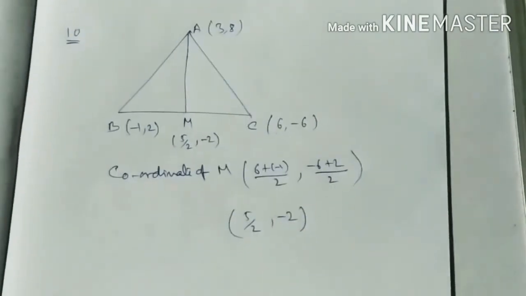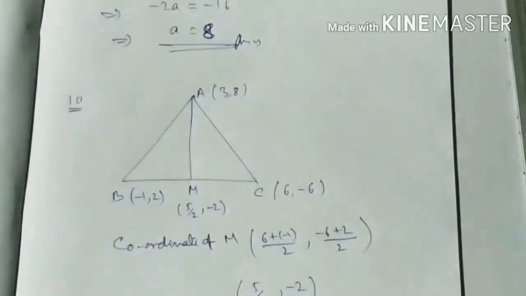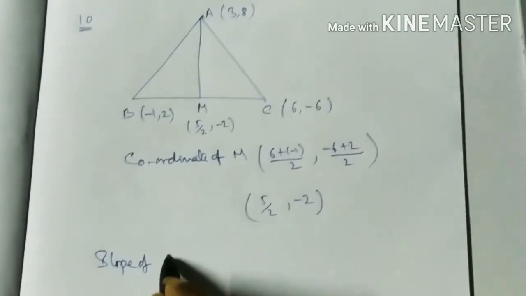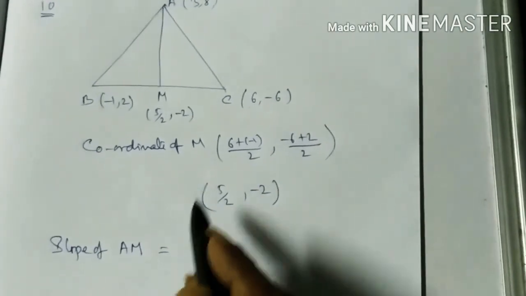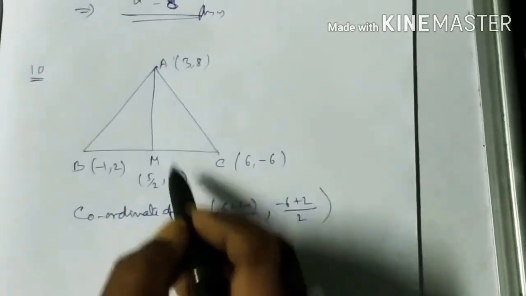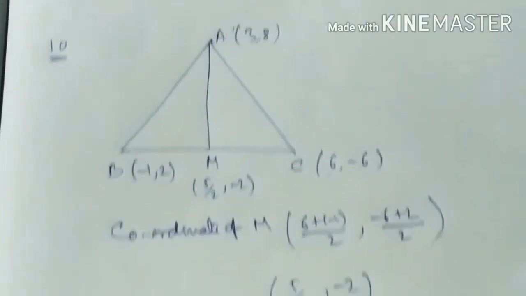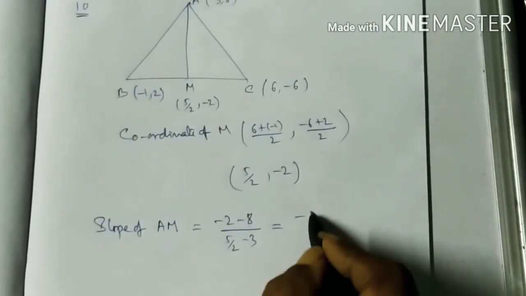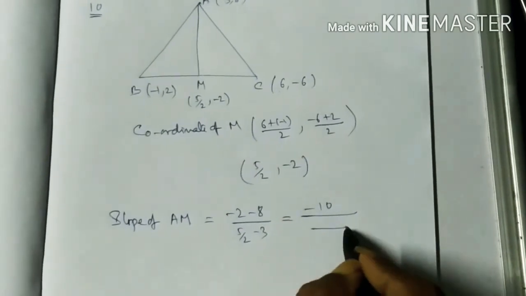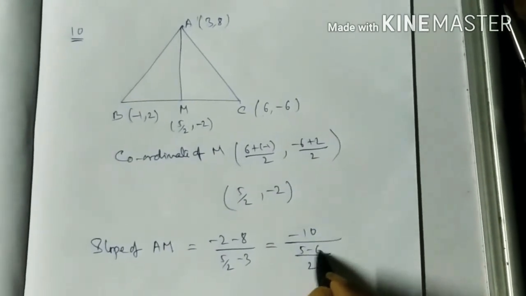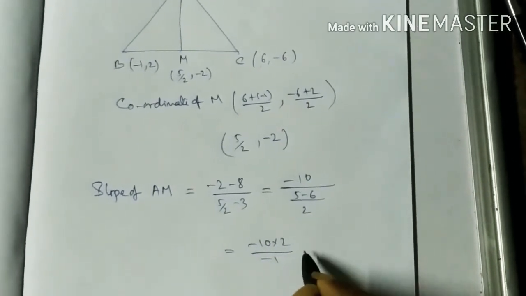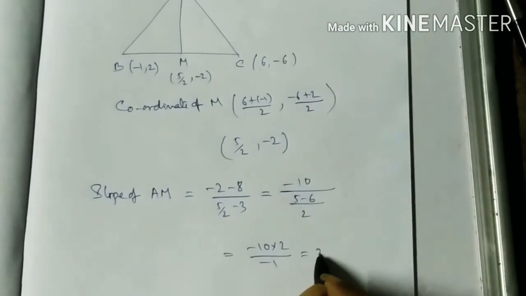Now you have to find out the slope of AM, that is the median. Again same formula, y2 minus y1, minus 2 minus 8, by x2 minus x1, that is 5 by 2 minus 3. This is minus 10, and now your LCM is 2, 5 minus 6, so minus 10 into 2 by minus 1, this comes out to be 20.